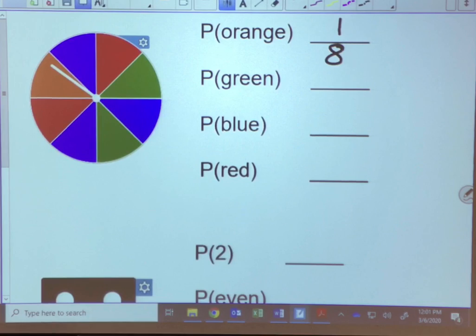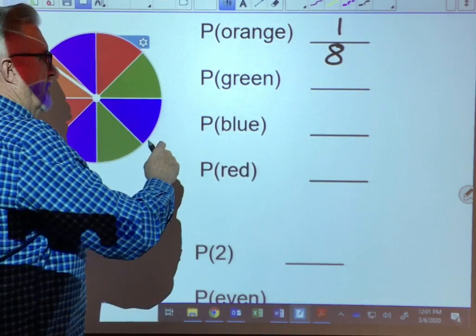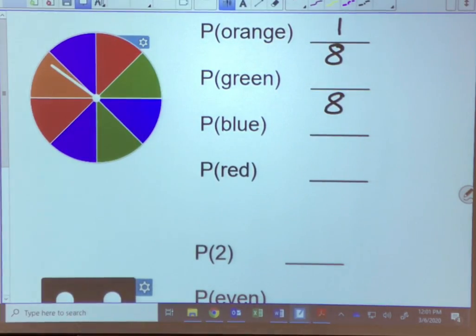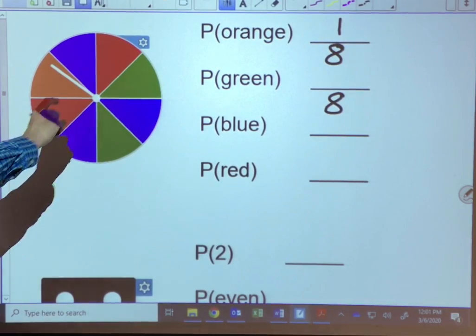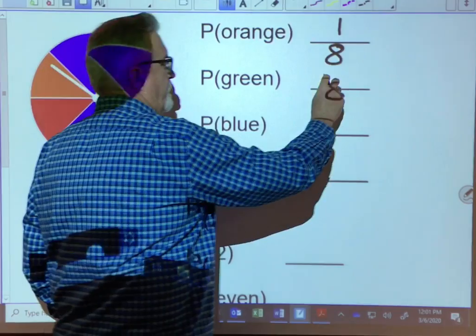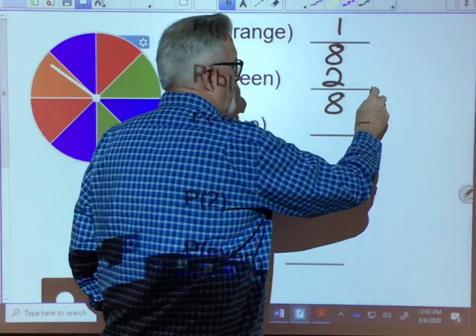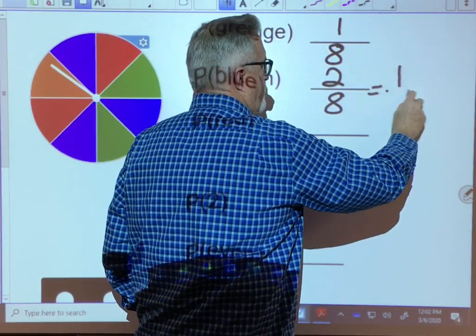For the probability of a green, again, it's the same spinner, so there's still 8 total outcomes. And the event that we want to happen is landing on green. 2 of these are green, so it's going to be 2 out of 8, okay? Which will reduce down to 1/4.